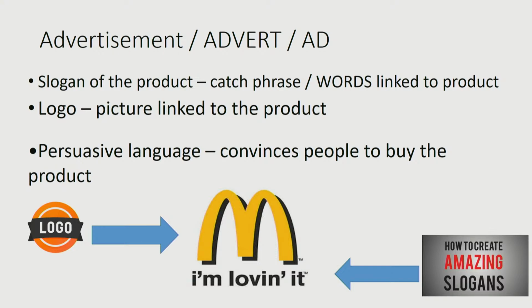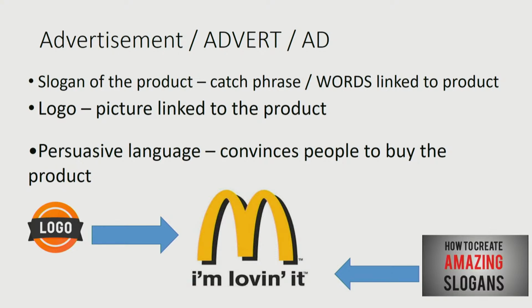The slogan of the product is that catchphrase or the words linked to the product. Now, a catchphrase is easy to remember. It is always associated with a product. And normally when you hear it, you think of the product as well. That is the slogan of the product.